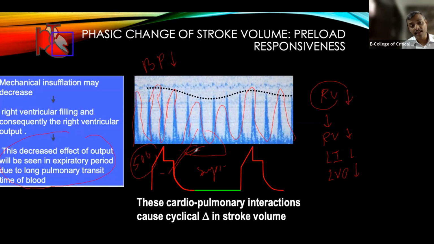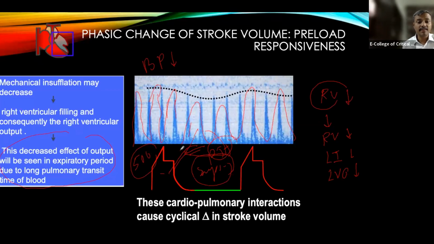Blood should move towards the lung, and there is something called pulmonary transit time. It will take a few seconds. So this reduced blood from the right ventricle will go to the lungs, and from the lungs through the vasculature come to the left ventricle. During that pulmonary transit time, the patient will be in the expiration phase.